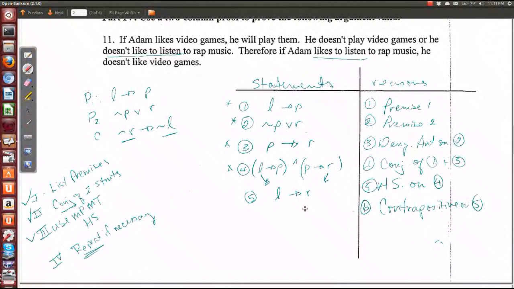So if I do the contrapositive, that's going to exchange and negate the antecedent and consequent. That uses up step 5, but that also reaches our conclusion. So we are valid.